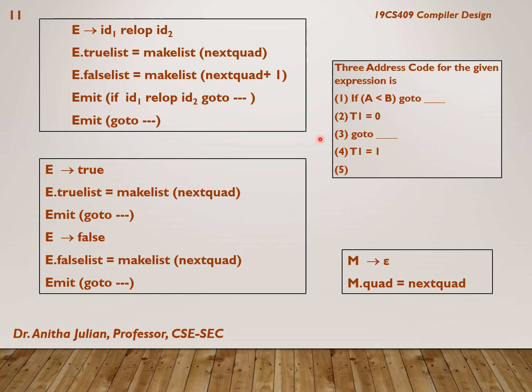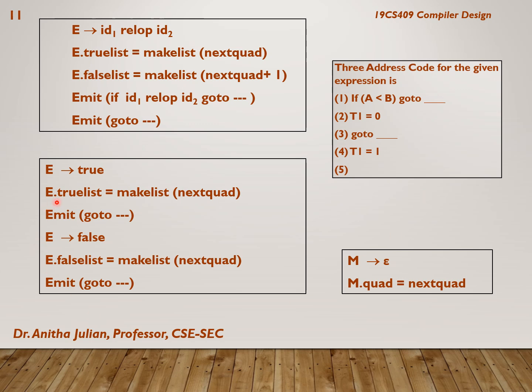Then the false list is the next statement number, so next quad plus 1. This is 1, so this has become 2. Then we have to emit the statement. We write if A less than B, go to dash. And then in the next statement, we say go to dash.